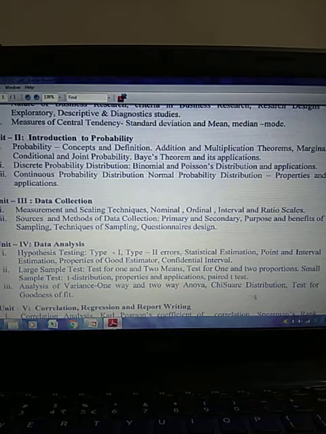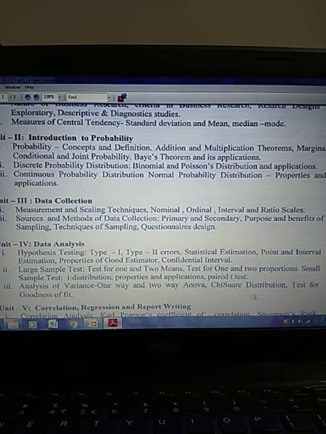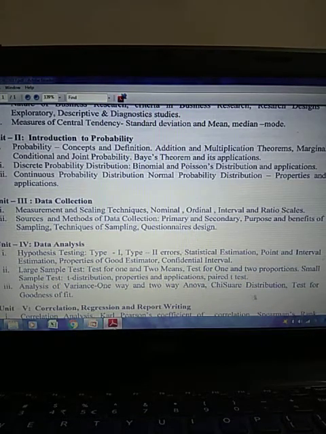We will also understand primary data, secondary data, and sampling techniques, non-probability and probability sampling methods, like simple random sampling, stratified random sampling, systematic sampling, quota sampling, judgment sampling. All these methods we are going to understand under unit 3.